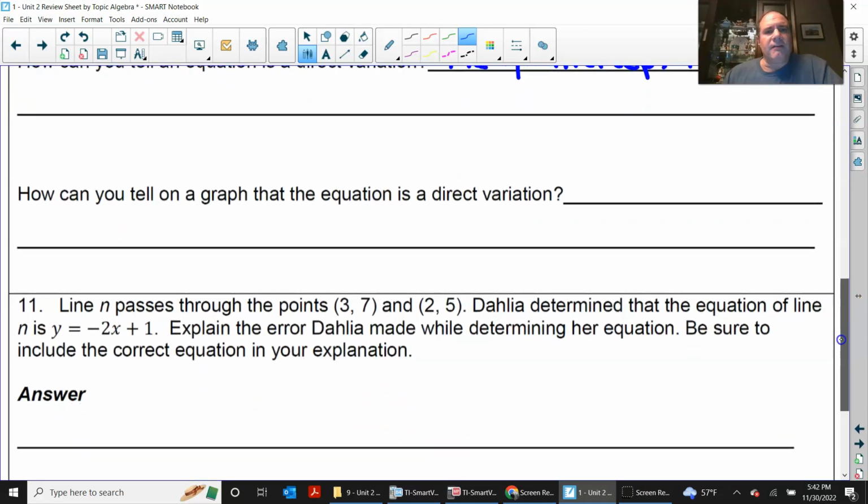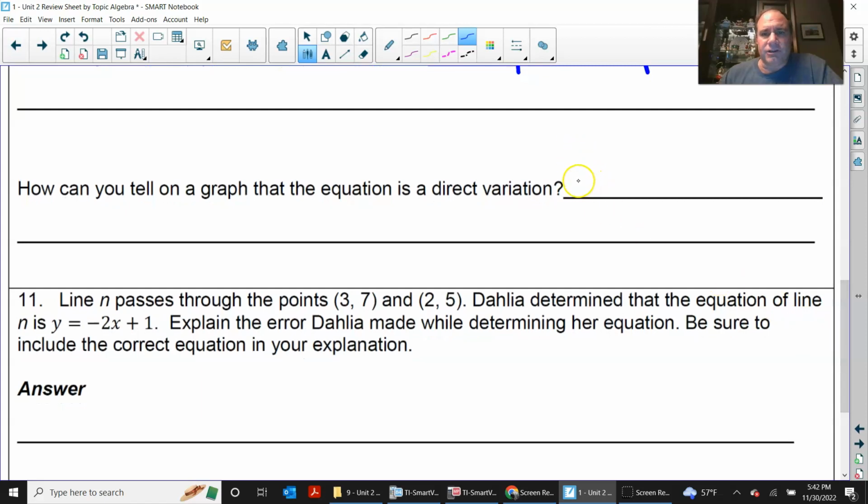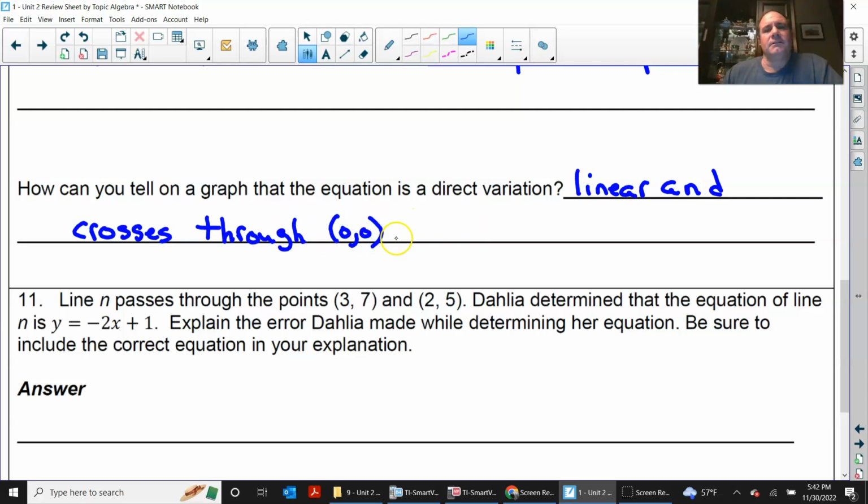How can you tell in a graph if the equation is a direct variation? It is linear and crosses through (0, 0), which is called the origin.